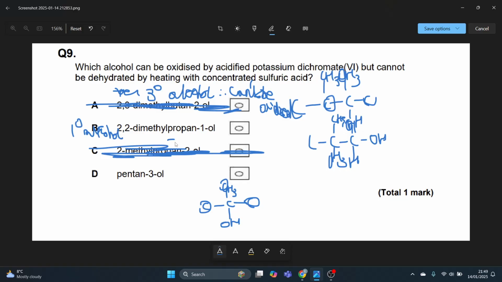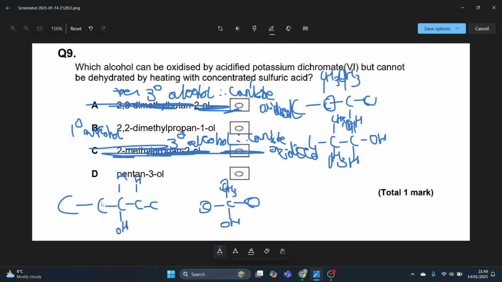Same thing I said for A, 3° alcohol, and therefore can't be oxidized. Pentan-3-ol, methane, ethane, propane, butane, pentane, third carbon, it is a secondary alcohol, so that is a secondary alcohol. And a secondary alcohol obviously can be oxidized to form a ketone.